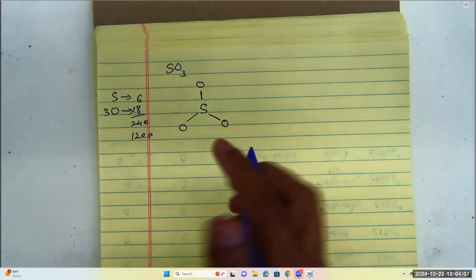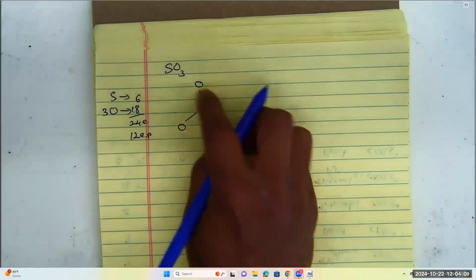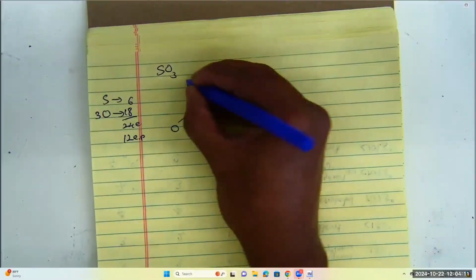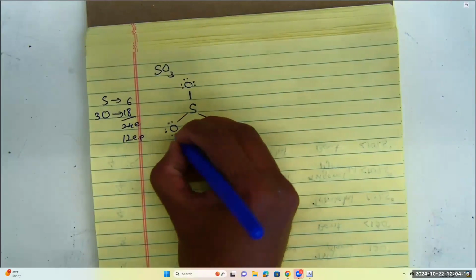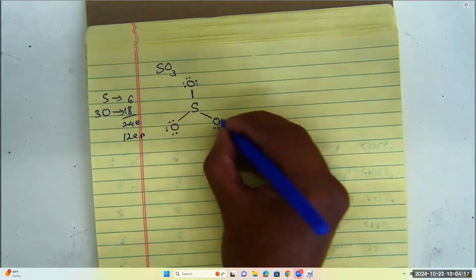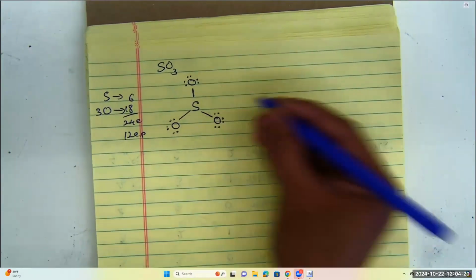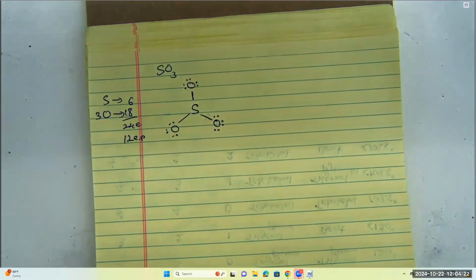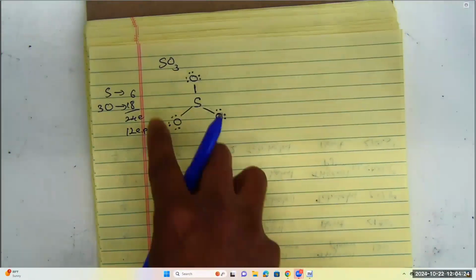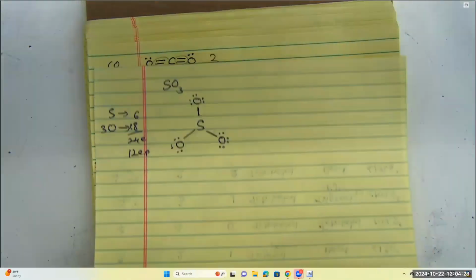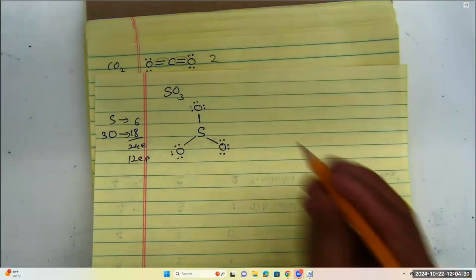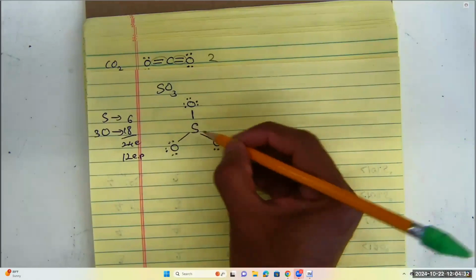Right. So we have 12 electron pairs. I use 1, 2, 3, 4, 5, 6, 7, 8, 9, 10, 11, 12. Right? And right now I have distributed my 12 electron pairs, but I have octets on oxygens, but not on sulfur. So what do we do? We delocalize this lone pair so that sulfur can have an octet too.